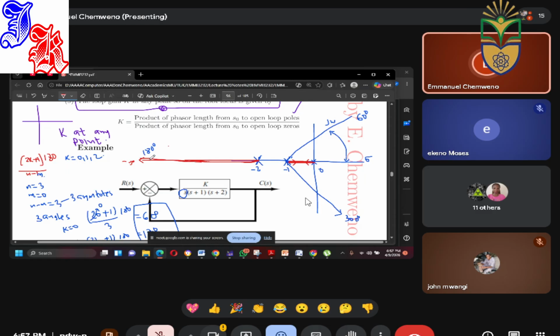You see, this is an asymptote at -180 degrees. Now, the next is that we expect that these two will meet and collide and break away and go to infinity at this point. We expect. So let's go to the next rule.